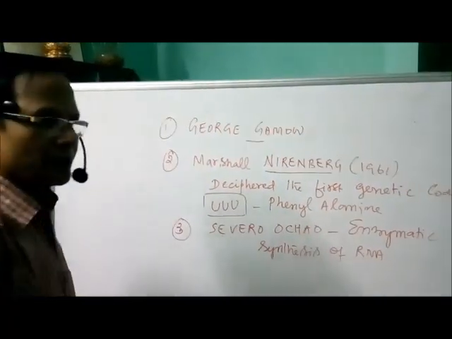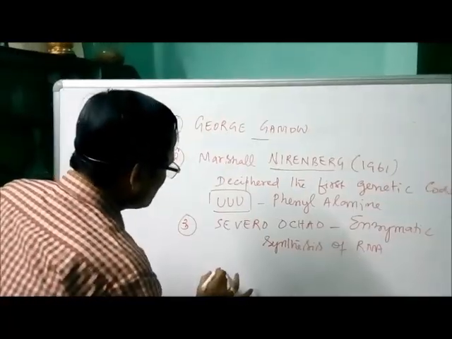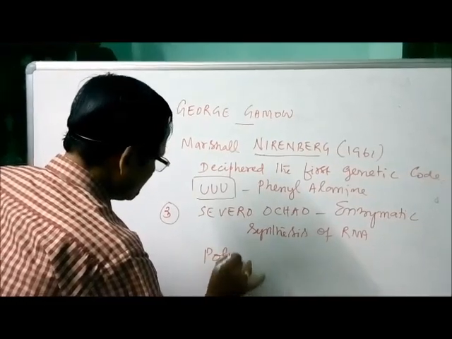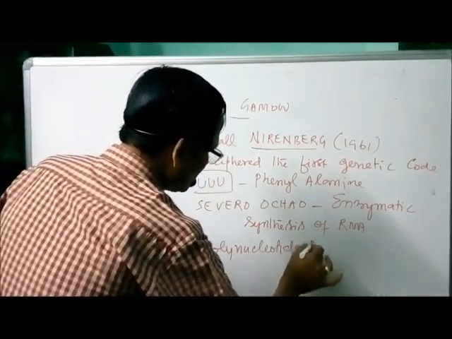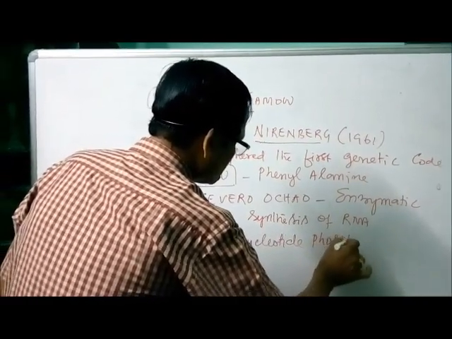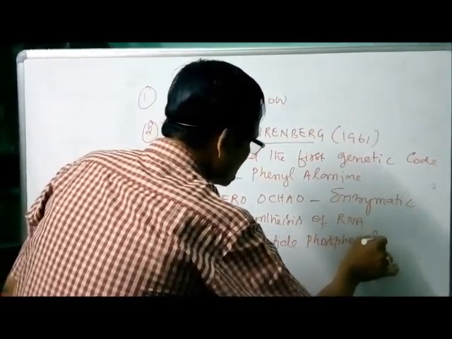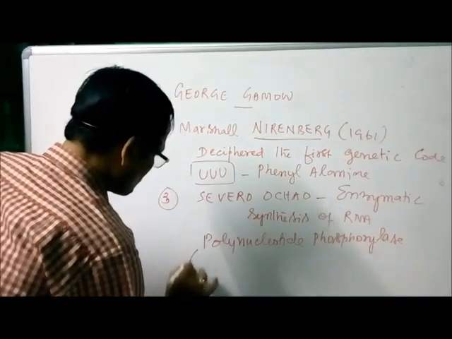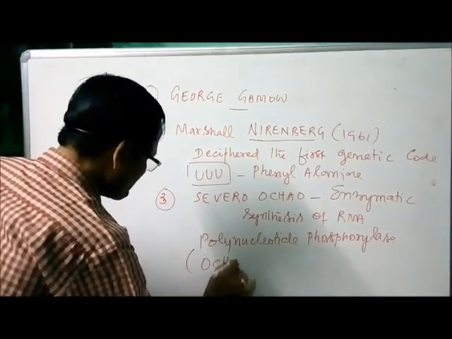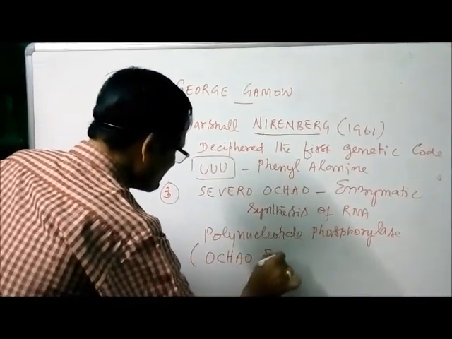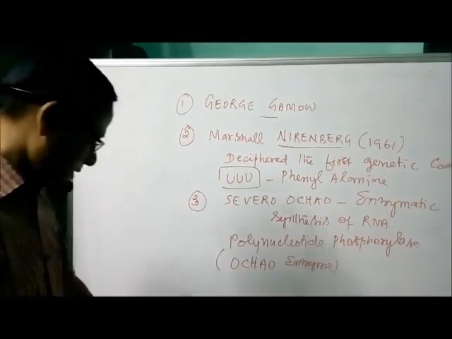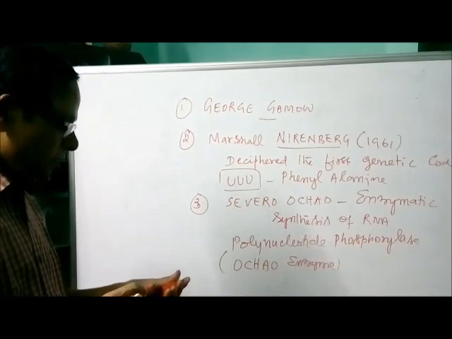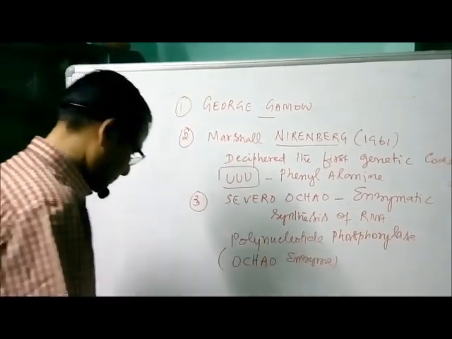He used the enzyme polynucleotide phosphorylase. The name of the enzyme is polynucleotide phosphorylase. This enzyme is also called the Ochoa enzyme. So he used the enzymatic method of synthesis of RNA.